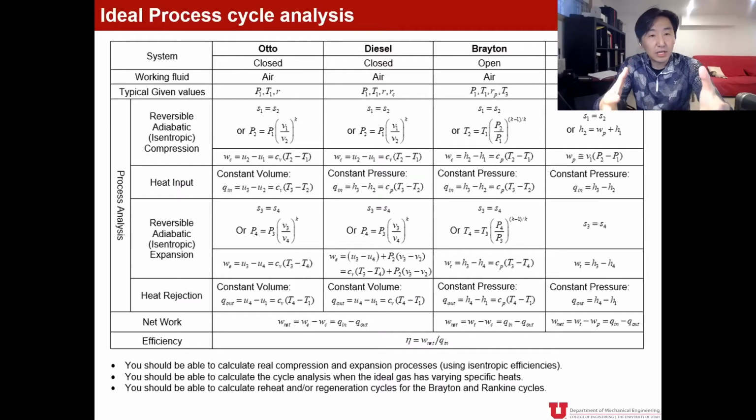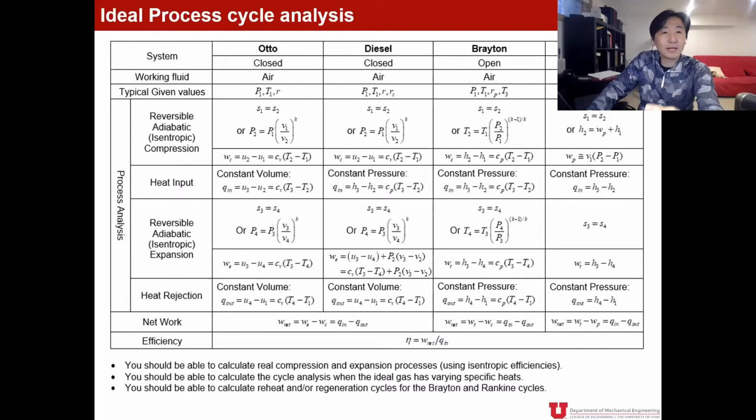By looking at them, we can actually see the ideal process cycle analysis for each cycle. But if you really look at this table, we can see a lot of common processes for different cycles. No matter what cycle we talk about, the cycle should have 4 processes.